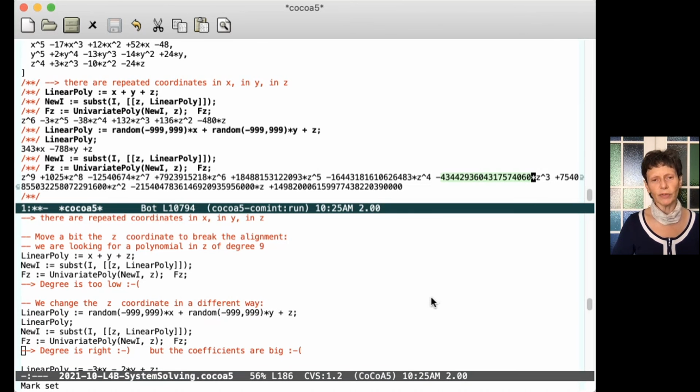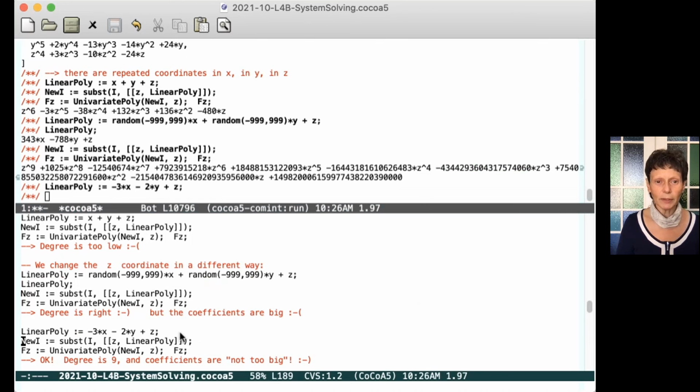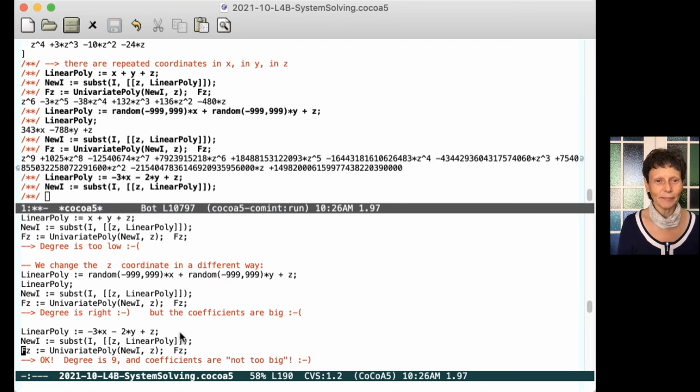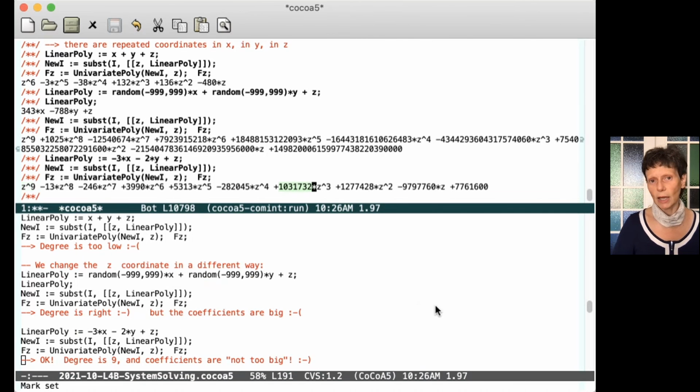Coefficients are big, and when coefficients get big, computations get hard. So I take another linear polynomial, which is random but smaller. I substitute to z this linear polynomial. I compute the univariate polynomial, and I get a polynomial of degree 9, which is good, and where the coefficients are smaller.